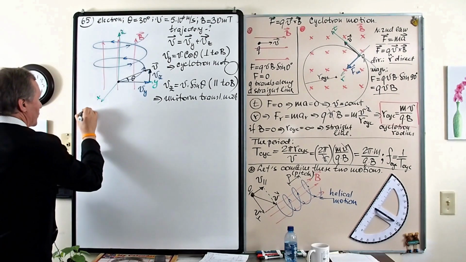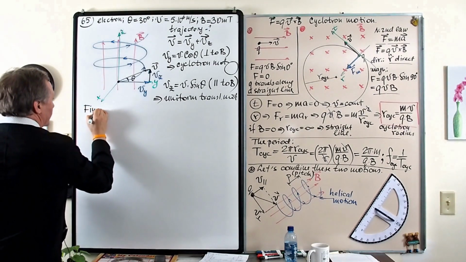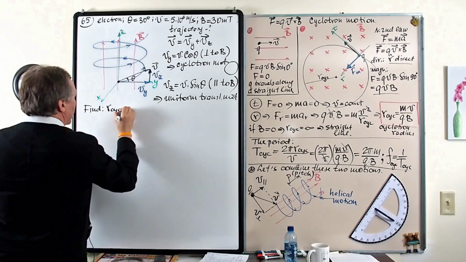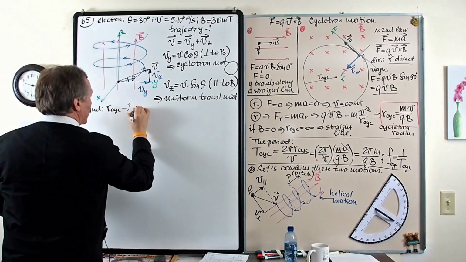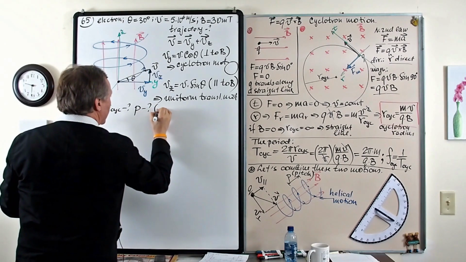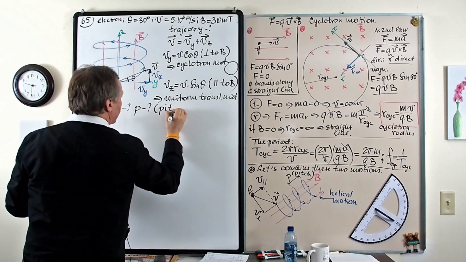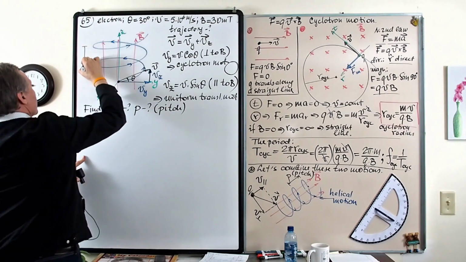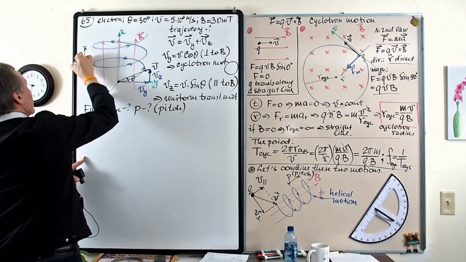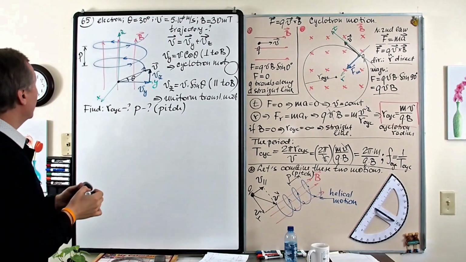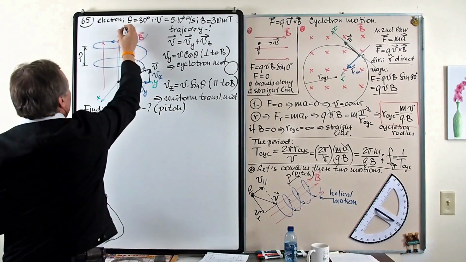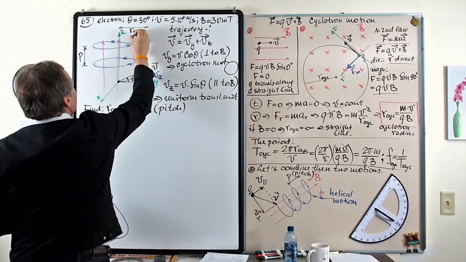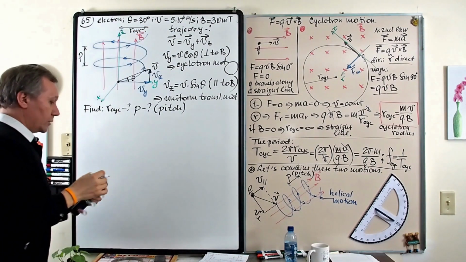So now I'm ready to write: find our cyclotron radius, and then second we will have to find the pitch, right? So which is this distance? So that's p, right? Yeah, and cyclotron I can draw here, of course. That's our r cyclotron. That's what we need to find.